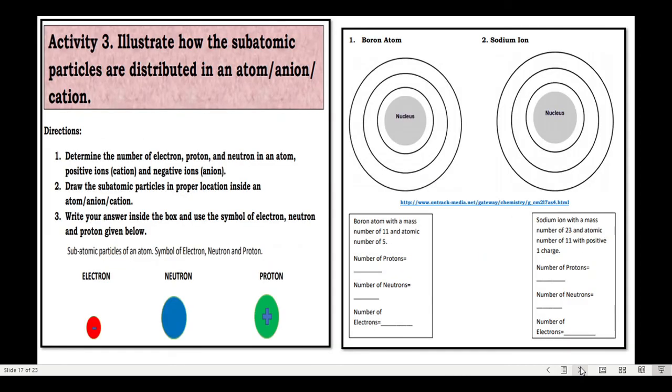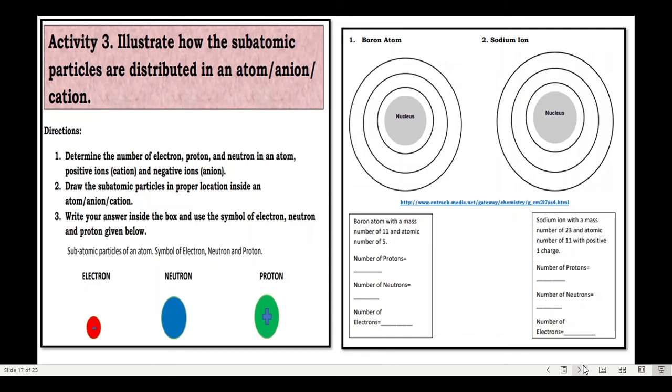Ayan. So, dito sa activity number 3, you're going to illustrate how the subatomic particles are distributed in an atom. So, madali lang yan. May symbol tayo dito ng electron na red. Maliit siya. And then, neutron, mas malaki siya, no? So, wala siyang charge kasi neutral atom siya.